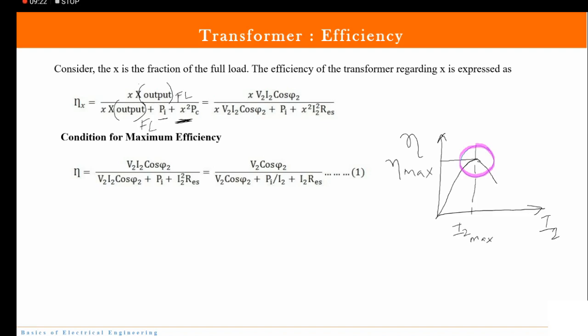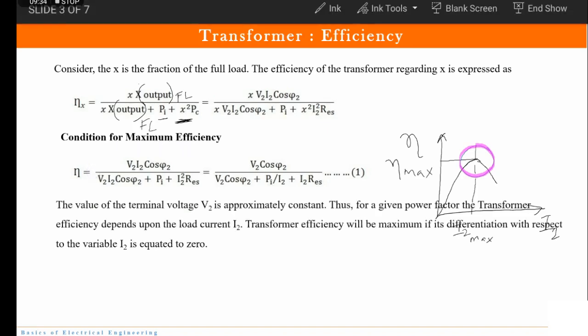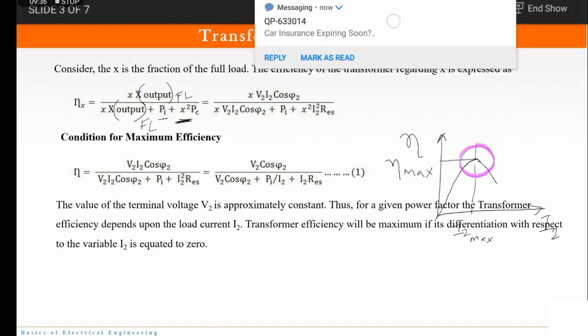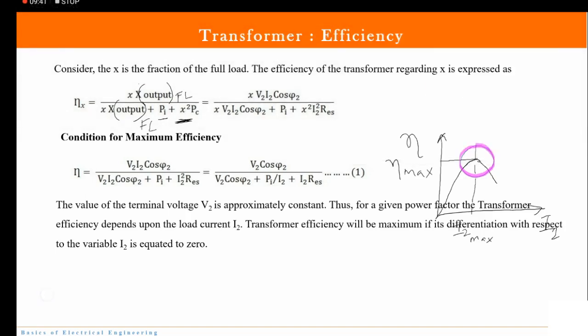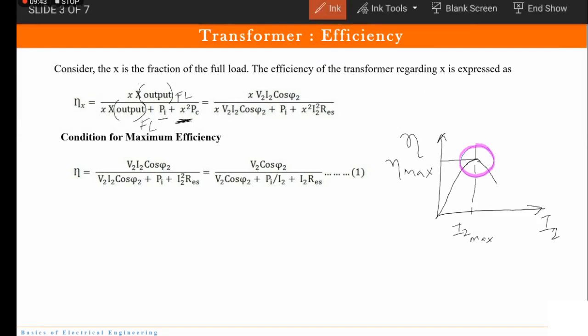So it has I2 square RES, and that is the equivalent secondary resistance. Fine. Now what we have done is, now we will divide this equation by I2.